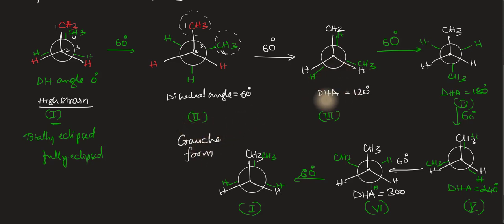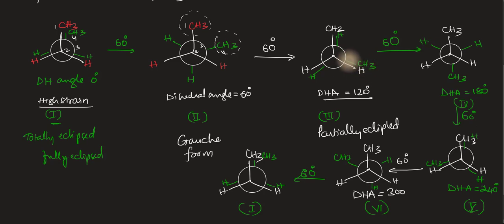And if you look at the structure which we are getting when the dihedral angle is 120 degrees, this is called partially eclipsed. Here the hydrogen of one carbon is eclipsing with the alkyl group of the other carbon.